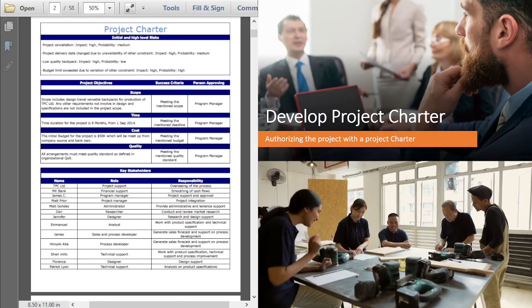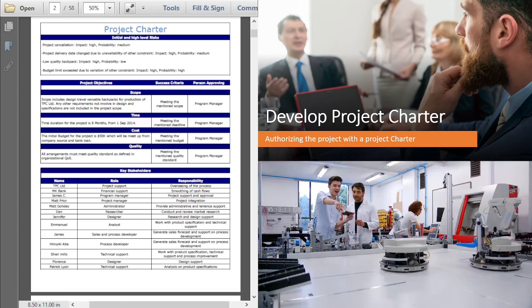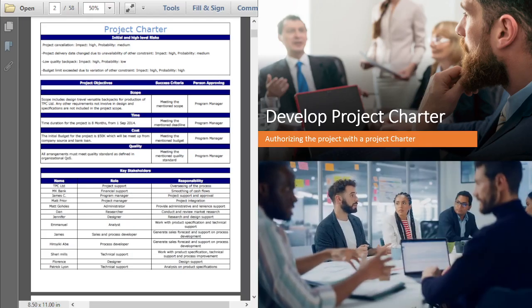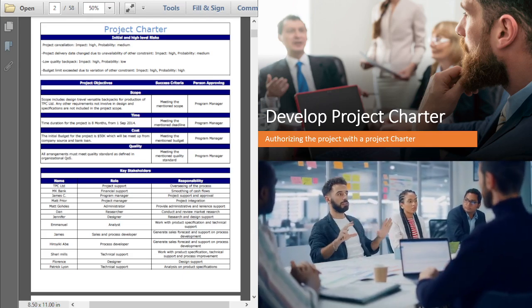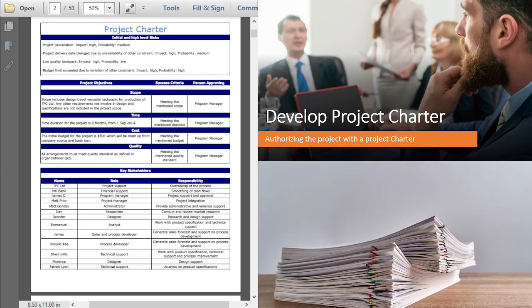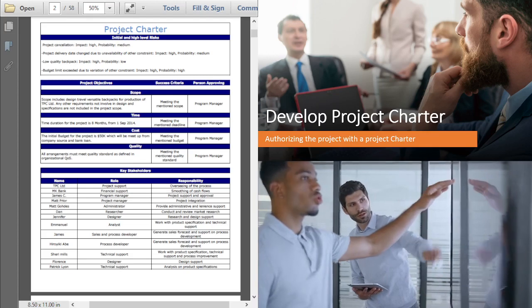Now, as you see here in the text on the screen, it reads, Develop Project Charter, authorizing the project with a project charter. That is the project charter. I encourage you to not be sidetracked with anything else other than the high-level description of the process. Authorizing the project with a project charter.